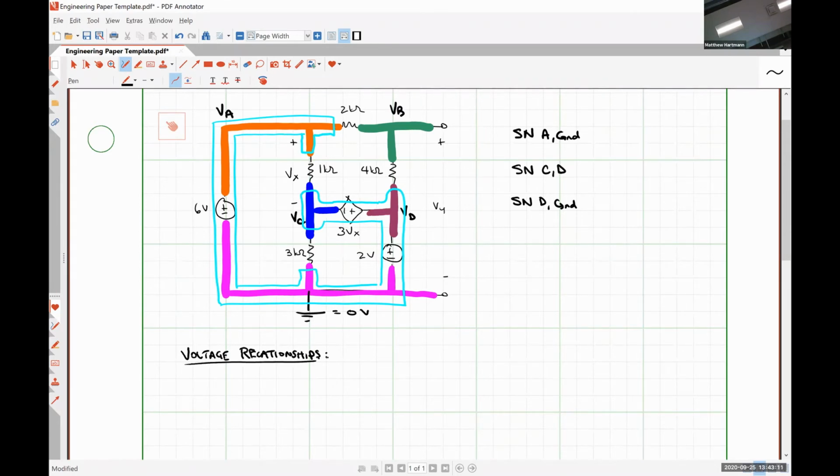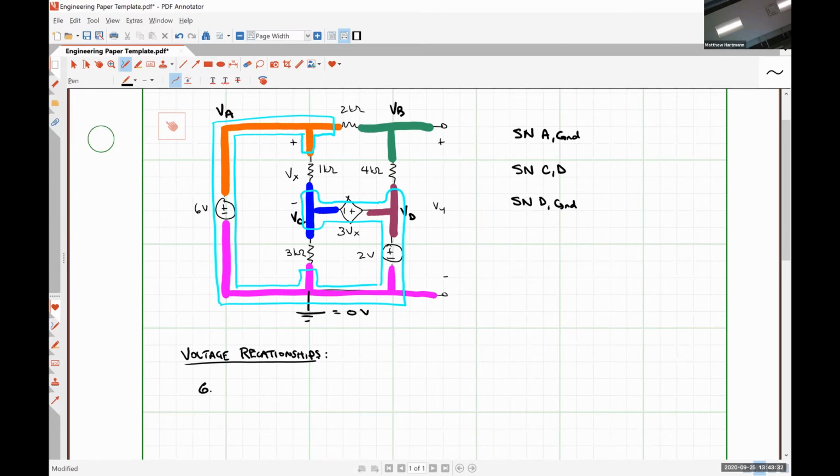So for supernode A and ground, and this is how we're going to write all of our voltage relationships, okay? We're going to start with whatever voltage the source tells us it's supplying. So for the supernode A to ground, what's the voltage source there? 6 volts.